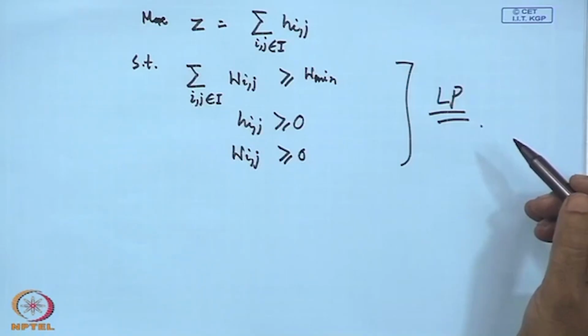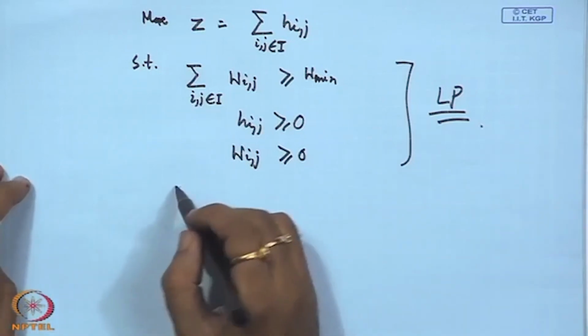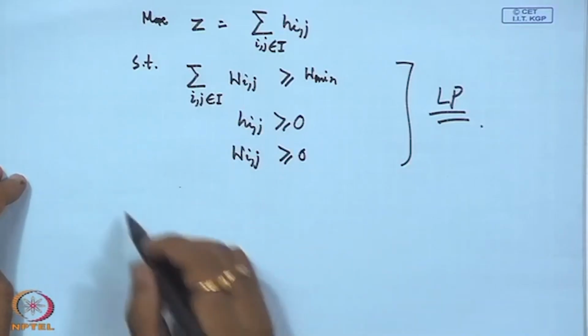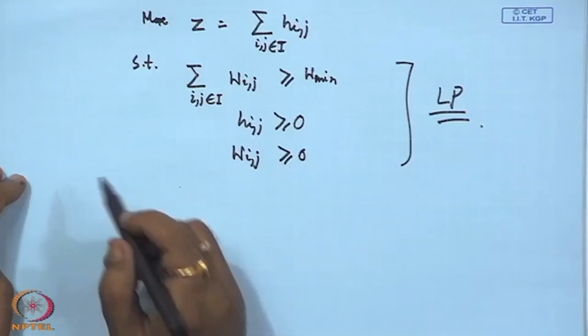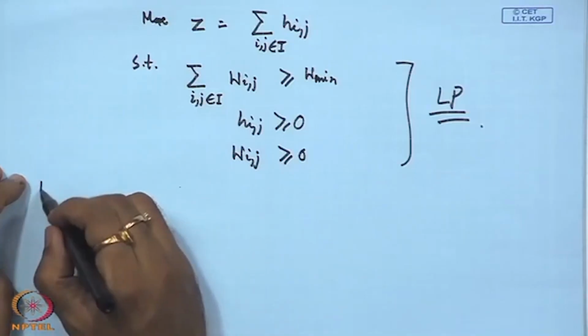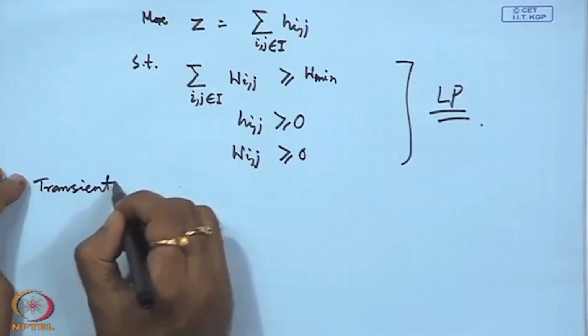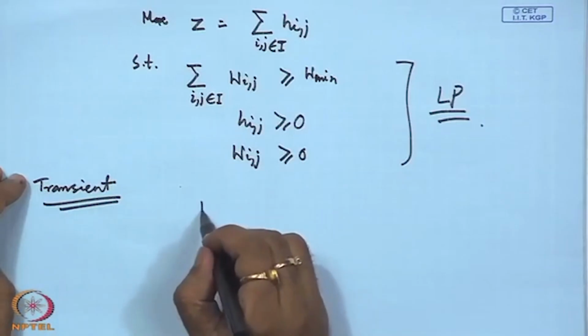So, if you have a transient problem, let us consider a transient problem with a confined aquifer system.